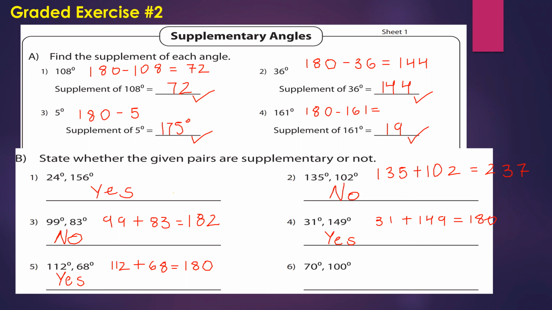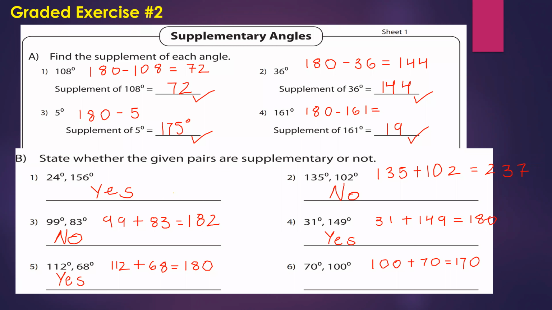Kamaya, number 6. Is number 6 supplementary? No, sir. Why? Because 100 plus 70 is 170. And 170 is what?